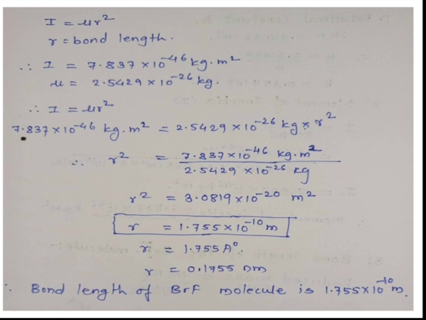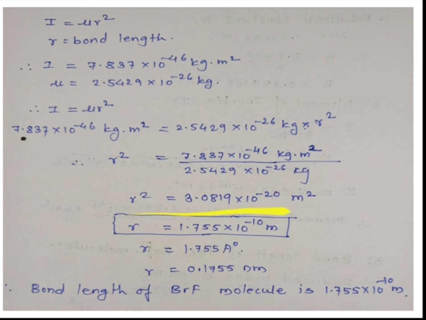So we want to find out r square. Just take this value to the left side and the equation will be written like this: 7.837 into 10 raised to minus 46 kg meter square divided by 2.5429 into 10 raised to minus 26 kg. Here kg will get cancelled.